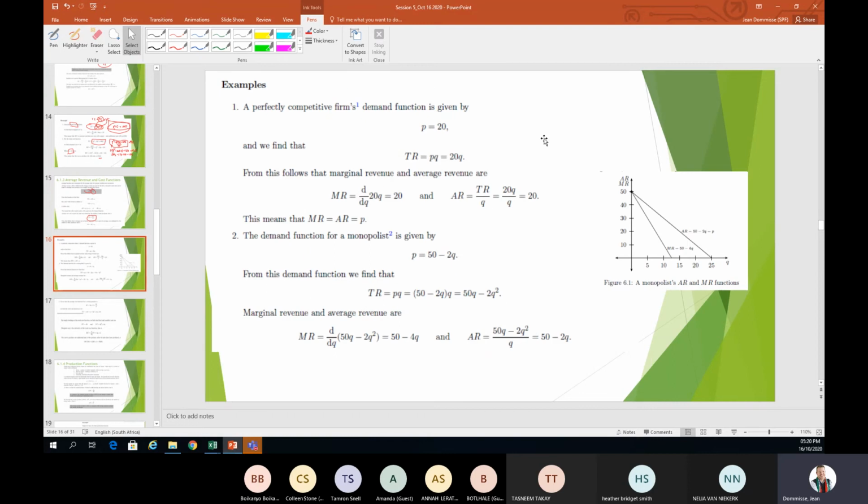And what they will do is they will tell you, they need to give you certain information to get to it. So in this one, they said, okay, perfectly competitive firm's demand function is given by that.